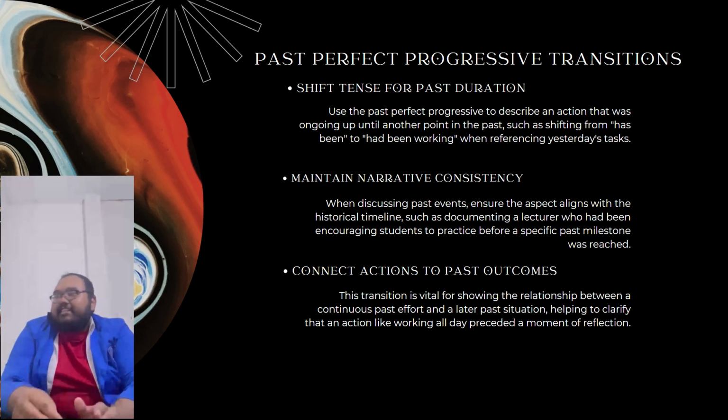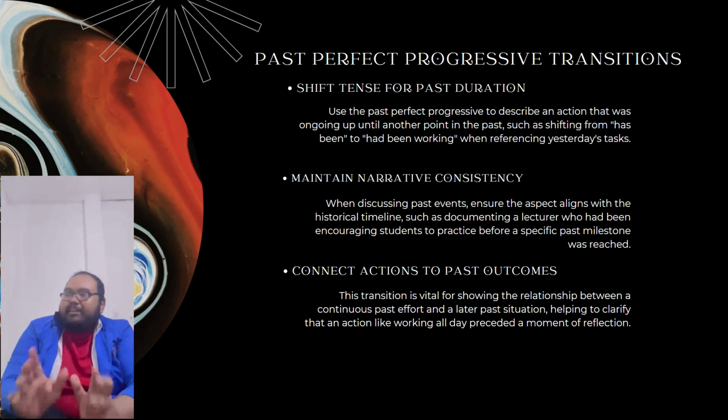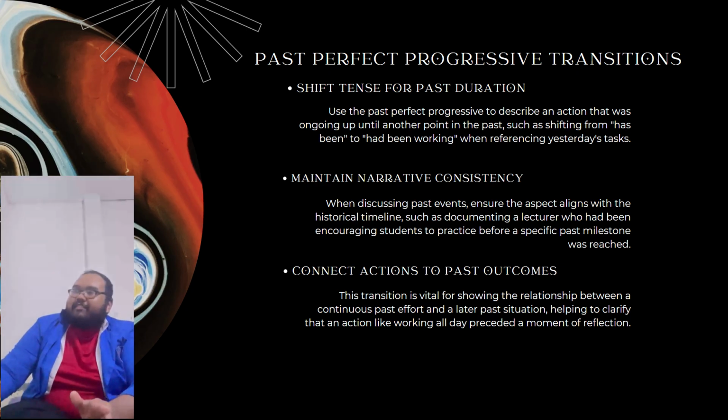Now connect action to past outcomes. This transition is vital for showing the relationship between a continuous past effort and a later past situation, helping to clarify that an action like working all day precedes a moment of reflection.